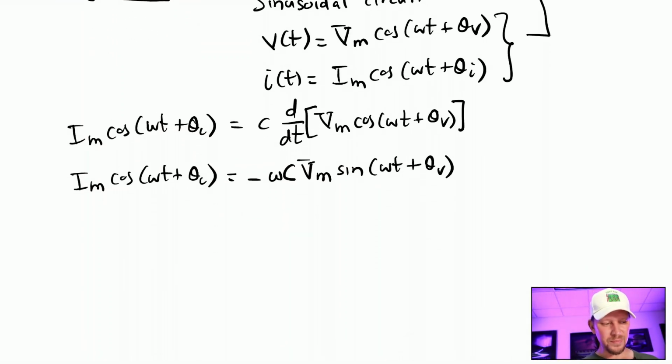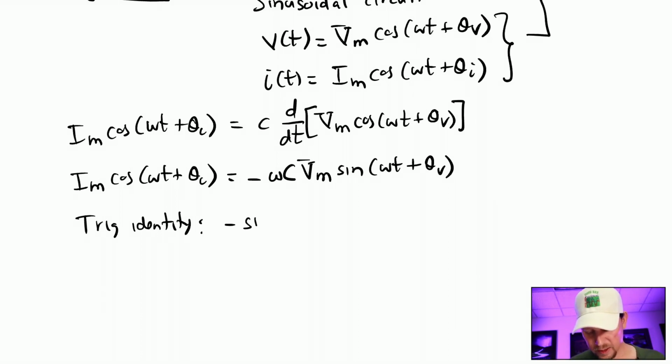Using the same trig identity that we used last time, the sine of any angle is equal to the cosine of the angle plus 90 degrees. Notice that this directly applies to this sinusoid, even with a minus sign.